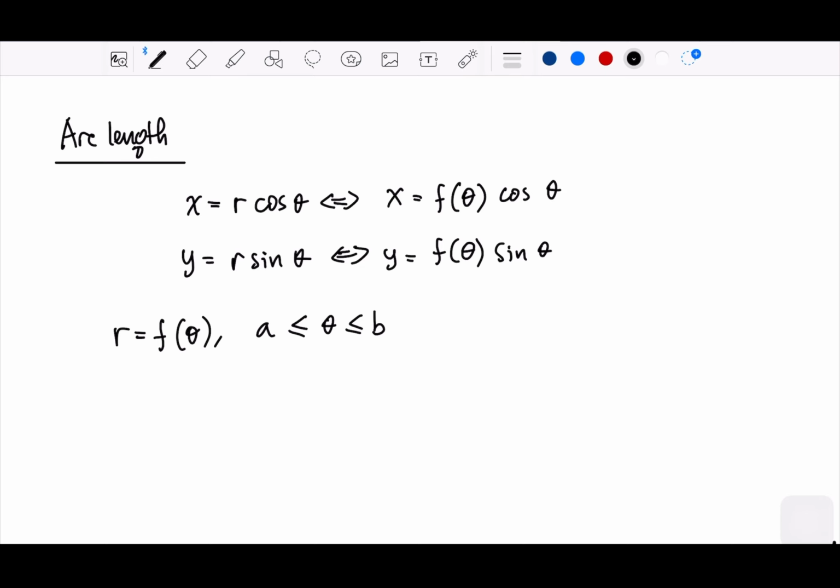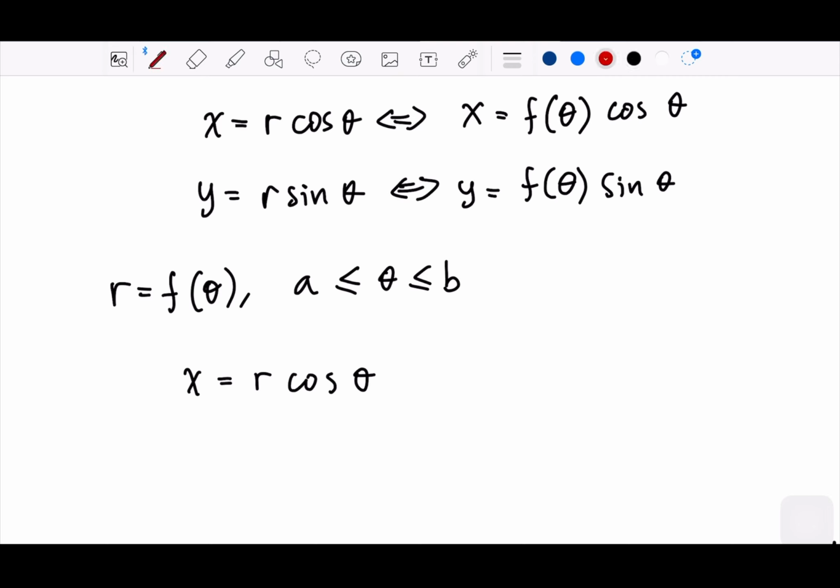And as we did in parametric, we are going to start with finding the first derivative for each of x and y. Let me start with x. We write x equals r cosine theta. Because now r is not a constant, it's a variable, and theta is also a variable.